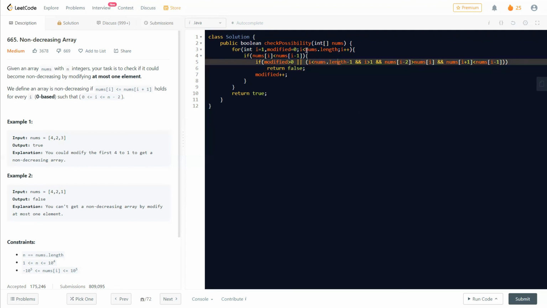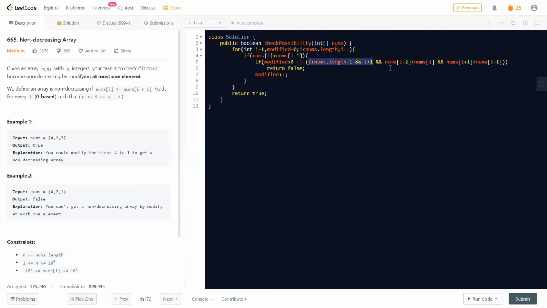Because I'll be running till less than nums dot length, and if we need to check the i plus 1 value, we need to make sure there is another value at i plus 1, so it doesn't give us an index out of bound error. And i greater than 1 means we can go ahead to i minus 2 as well. The exact thing we are showing in the graph. So that's the idea behind this, just a check so that it doesn't give us an index out of bound error.